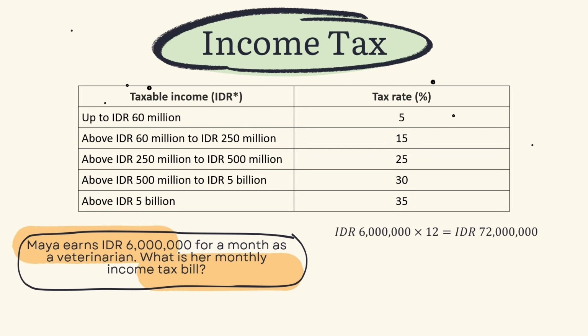So first we need to find out the tax bill for the first category. So 60 million Indonesian rupiahs times 5%, which is 5/100. So we'll get 3 million Indonesian rupiahs.